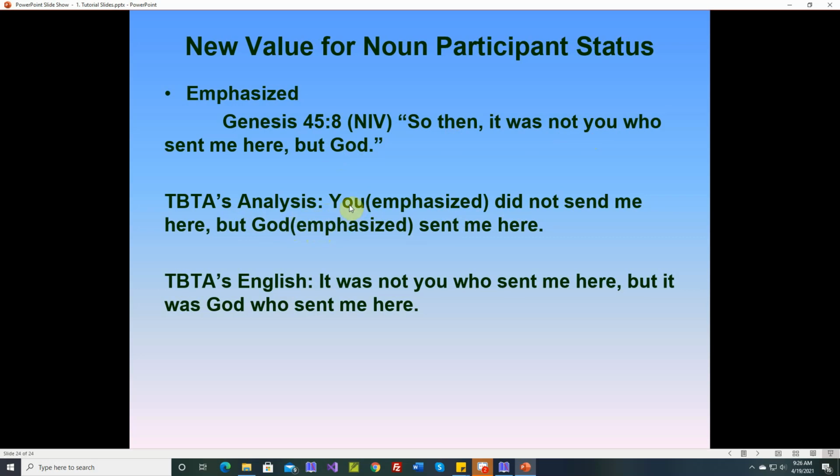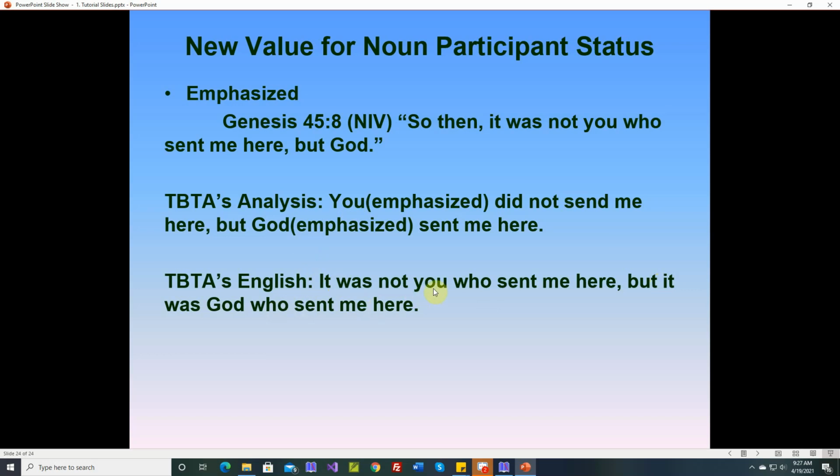Now in English, to emphasize these nouns, we generate a cleft construction. So in TBTA's English, we added a rule to produce a cleft construction whenever a participant is emphasized. So now, the English generated by TBTA says, it was not you who sent me here, but it was God who sent me here.